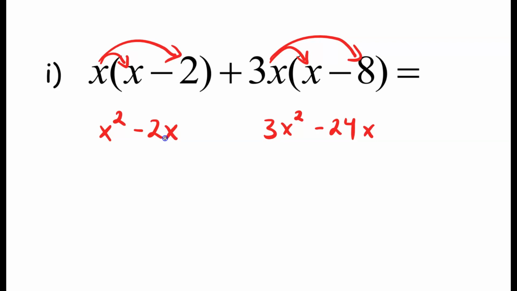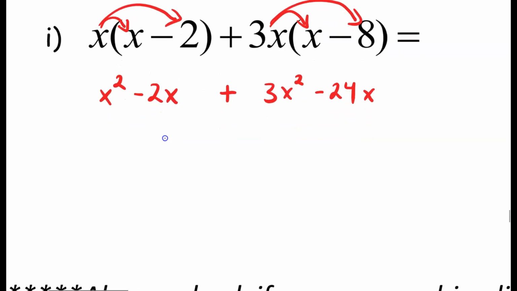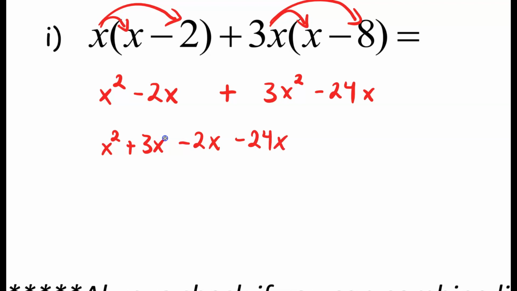So we now have an addition question of x squared subtract 2x plus 3x squared subtract 24x. If we organize it with the like terms together, we have x squared plus 3x squared subtract 2x subtract 24x.